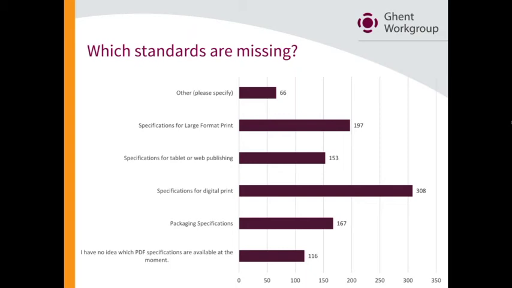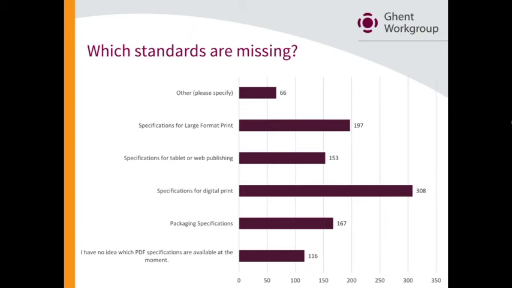So far, the advice I've typically given to people is look at the sheet fed offset specification and then derive something from that if you are in a digital print workflow. But the Ghent Workgroup didn't really have a specification for that particular market segment or technology.